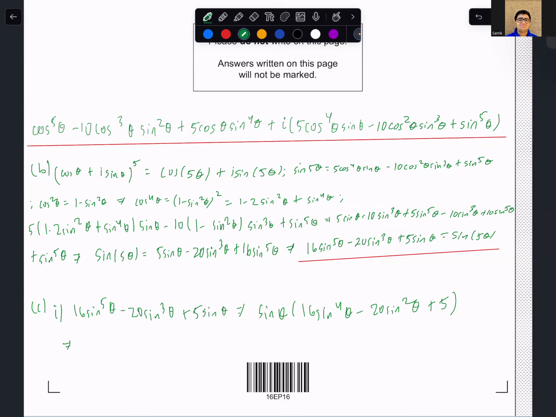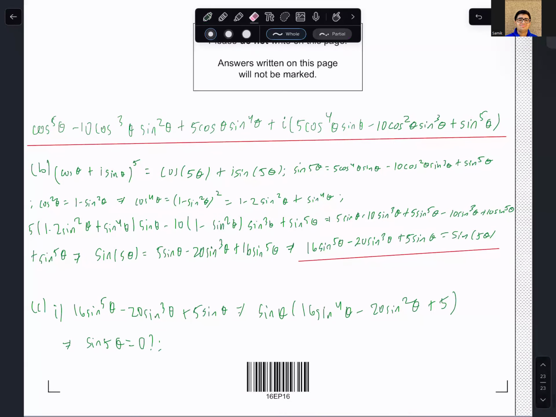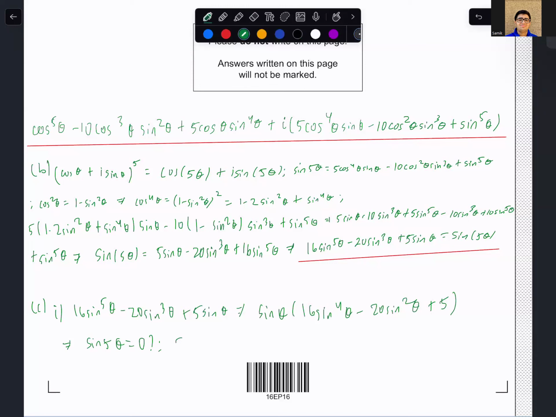So then we just do sine 5 theta equals to 0. What gets us to 0? So 5 times pi over 5 will get us pi, and 5 times 3 pi over 5 will get us 3 pi.